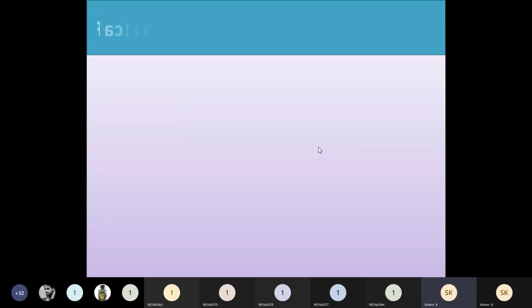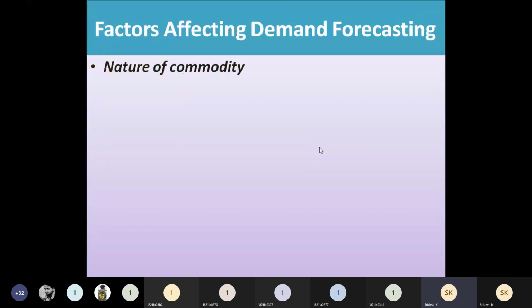Okay, and what are the factors that are going to affect this demand forecasting? Nature of commodity. Nature means you can take whether it is a durable product or a non-durable product. To conduct demand forecasting, it is going to take a large time period, expenditure will be more, etc. We are going to spend, right?